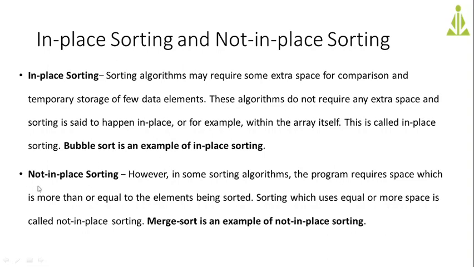But in not in place sorting, whatever data is available in the array, you may need an equal amount of space or more than the space you have. Because of that it is called not in place, and the example for not in place is merge sort. So this is in place sorting and not in place sorting.